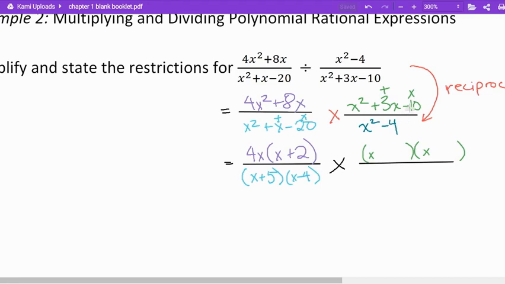My two magic numbers are +5 and -2. And I see, ooh, x squared minus 4. Which method do I use for that? X squared minus 4. Which one is it? Difference of squares. It's my favorite.